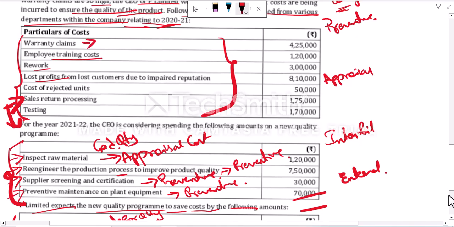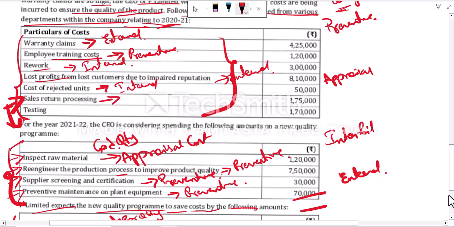Warranty cost is incurred after going to the customer, so it is external failure cost. Employee training cost is preventive cost. Rework, internal failure. Loss of profit, external failure. Cost of rejected goods, internal failure. Sales return processing, external failure. Testing, appraisal.